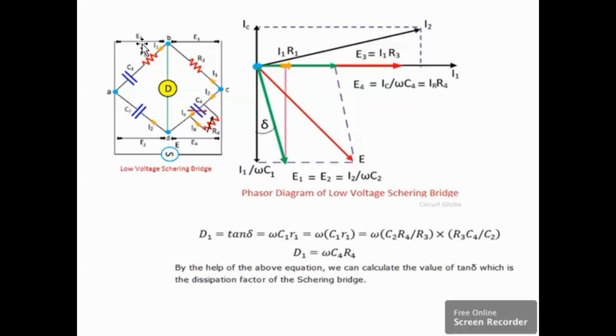Then E1 plus E3, or E2 plus E4, is equal to E. The resultant of E3 and E1 is E. And the dissipation factor tan delta is equal to omega C1 R1. When we substitute the values of C1 and R1, we obtain D as omega C4 R4. Thus we can find out tan delta.